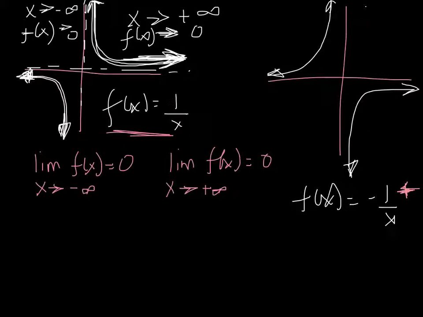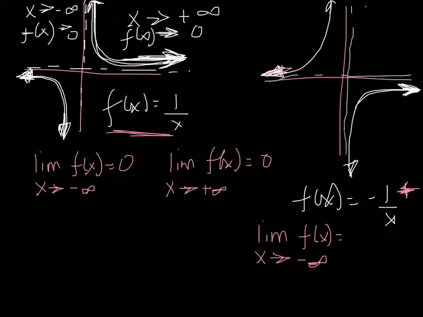Again, it's asking us what's going on when x gets more and more positive, what are my y values doing, and then as x gets smaller and smaller, as it goes to my left, my x's get more and more negative, what's going on there? I'm just going to skip straight to the limit notation. As x's get smaller, as I go to the left portion of my graph, my y values are approaching its horizontal asymptote, which again, this has a horizontal and a vertical asymptote.